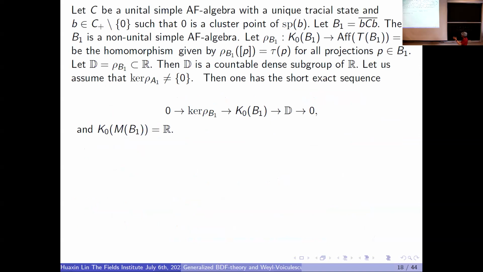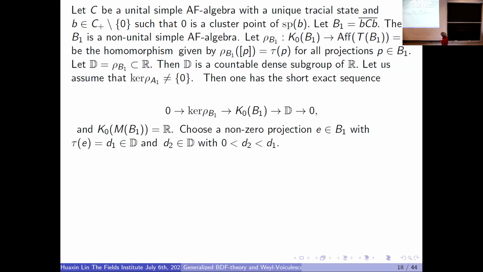And then you can compute K0 of the multiplier algebra. It's just R. And then you choose a non-zero projection E in B1, with some value, say D1. And then you take D2, so you have D2 is smaller.